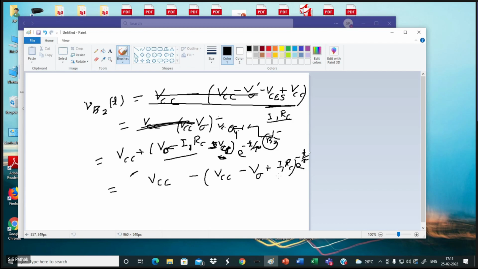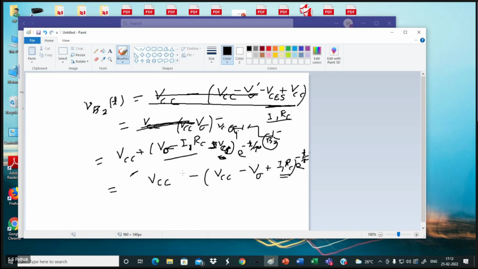Now this is the thing. What is my I1RC? It is flowing at T equal to 0 plus, it flew, we can say, in this Q1 transistor's collector arm. Okay. So at that time, what was the I1RC?